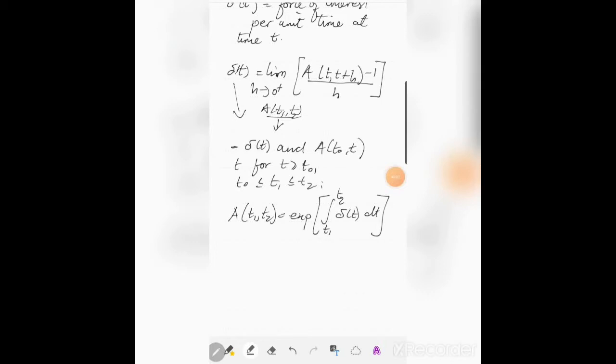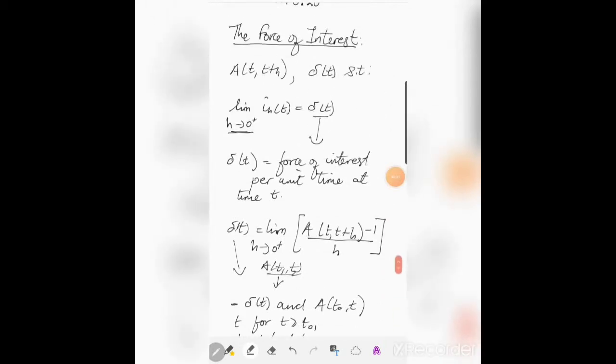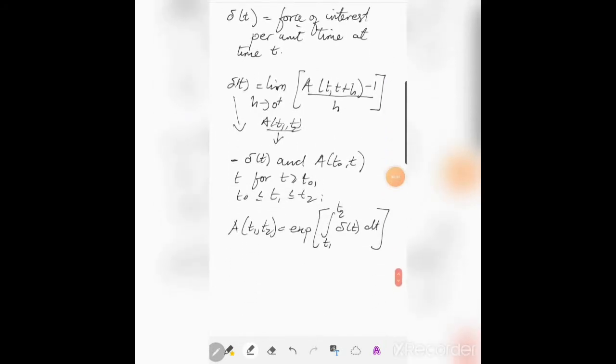So under this, let's look at some example.